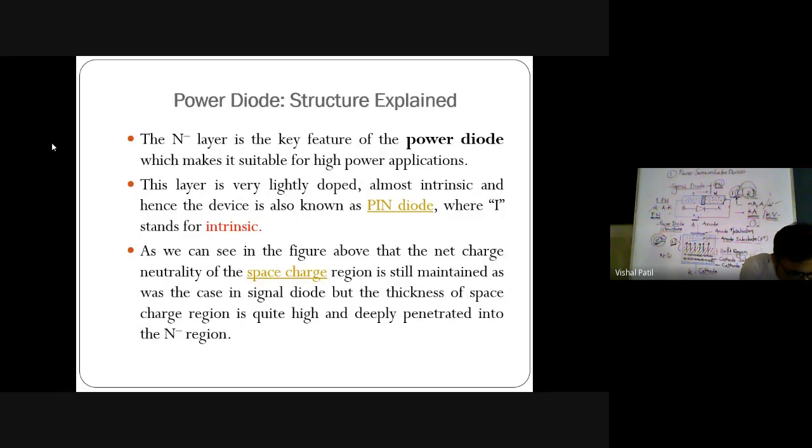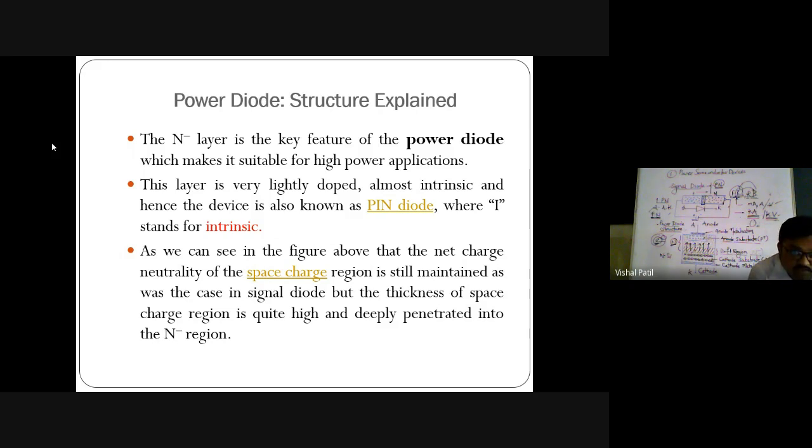As we can see in the figure above, that is the structure of the power semiconductor device, the power diode, the net charge neutrality of the space charge region is still maintained as in the case of signal diode, but the thickness of the space charge region is quite high and deeply penetrated into the lightly doped N region.